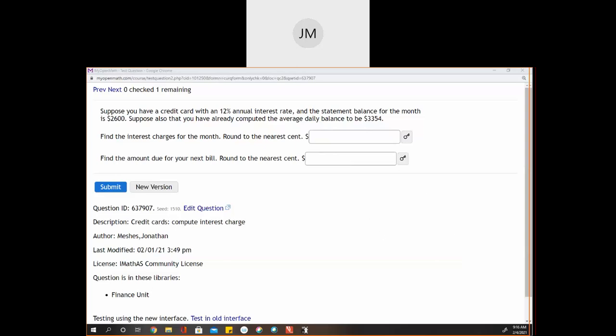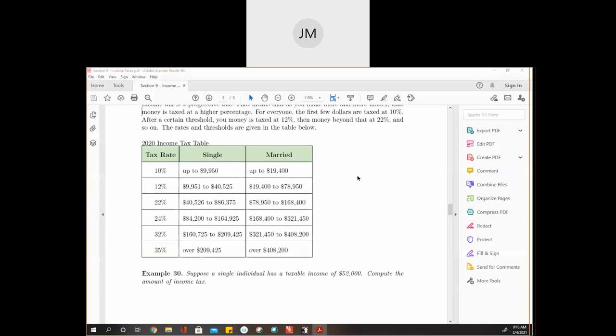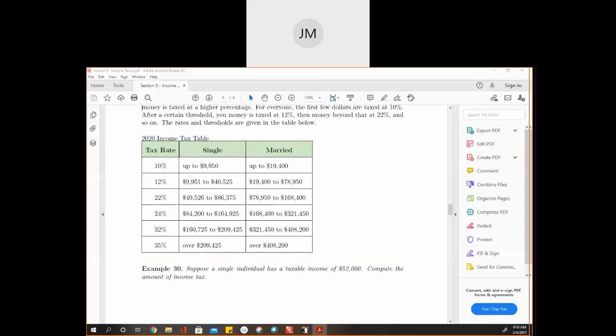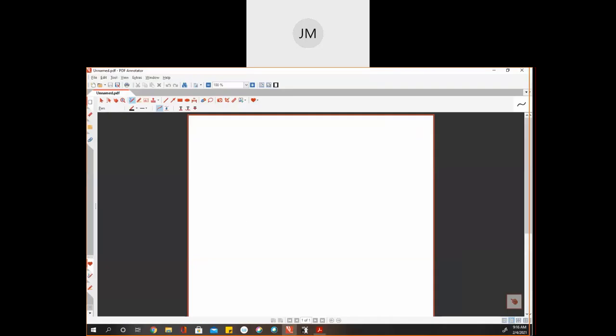I think maybe what we should do is go through another example of computing the income tax. And I'm going to put that homework out later on this morning. So we'll have this up for reference. Maybe we'll put that aside for now.